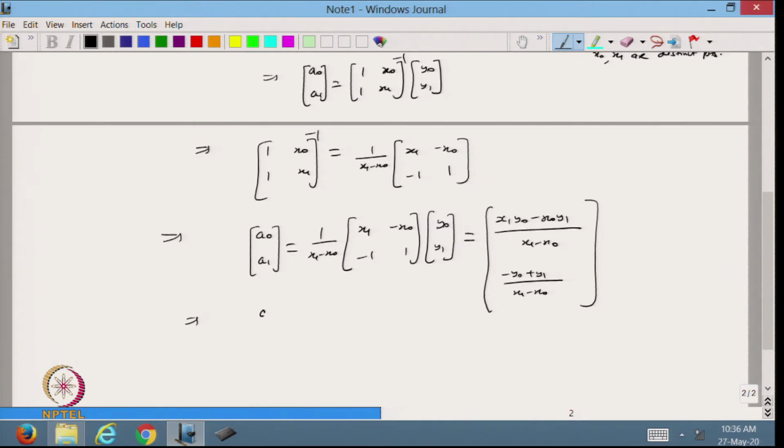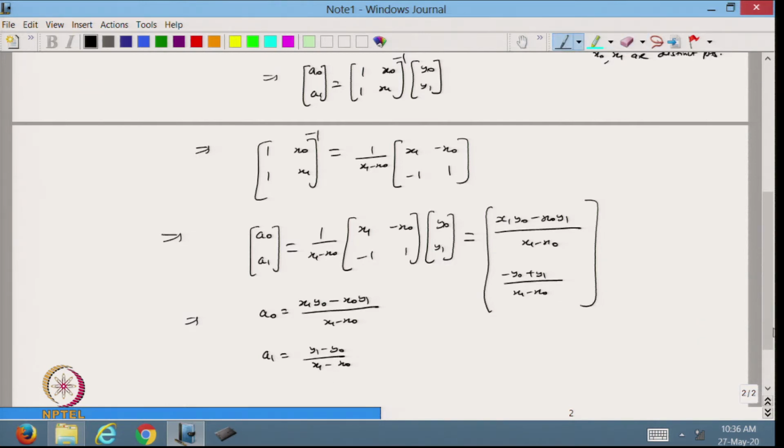So, a0 is x1 y0 minus x0 y1 divided by x1 minus x0, and a1 is y1 minus y0 divided by x1 minus x0. This is the value I am getting.